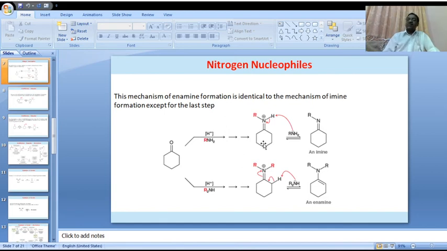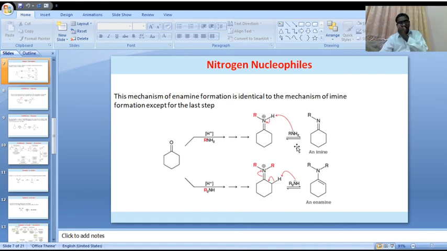Here please observe once again. Please concentrate on this particular reaction. This is the mechanism of enamine formation with the use of secondary amines in presence of acid. Enamine formation is identical to the mechanism of imine formation with the use of primary amine, except for the last step.